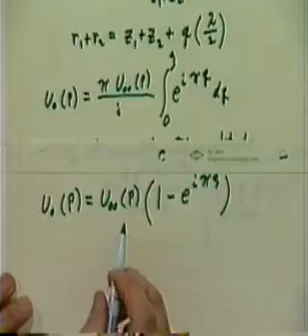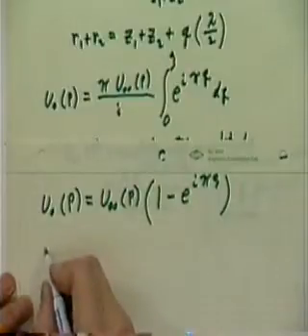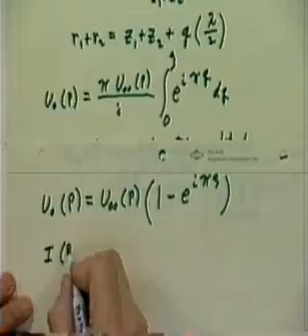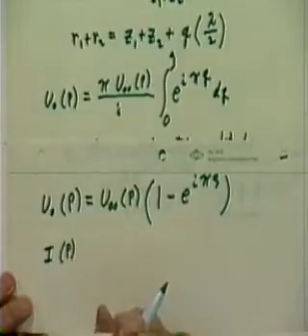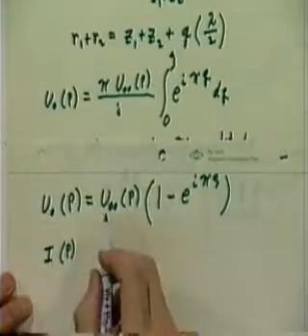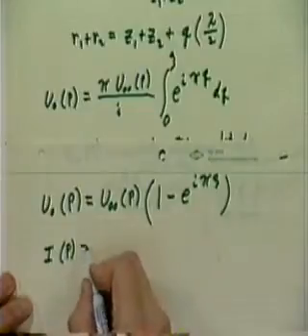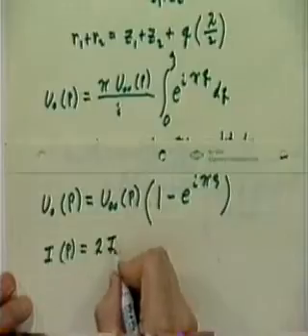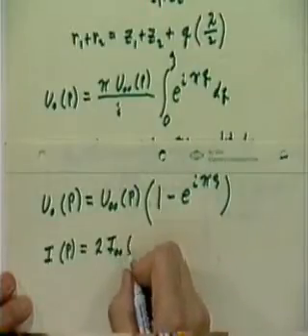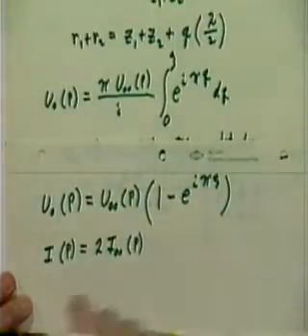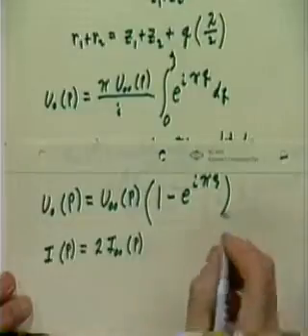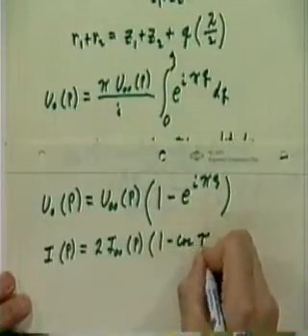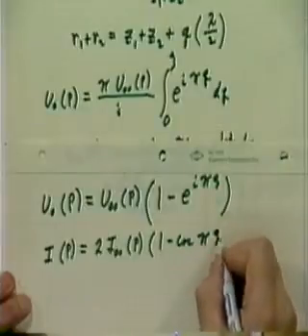And so I could rewrite here that the irradiance at point P is equal to 2 times whatever the irradiance would be if I had an infinite size aperture, times 1 minus cosine pi squiggle, whatever that is.